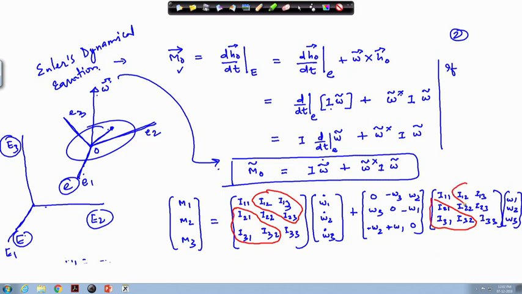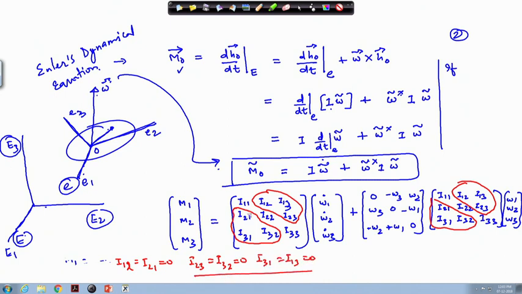So, if you consider that these terms are 0, that is I 1 2 equal to I 2 1 equal to 0, I 2 3 equal to I 3 2 equal to 0, and I 3 1 equal to I 1 3 equal to 0.